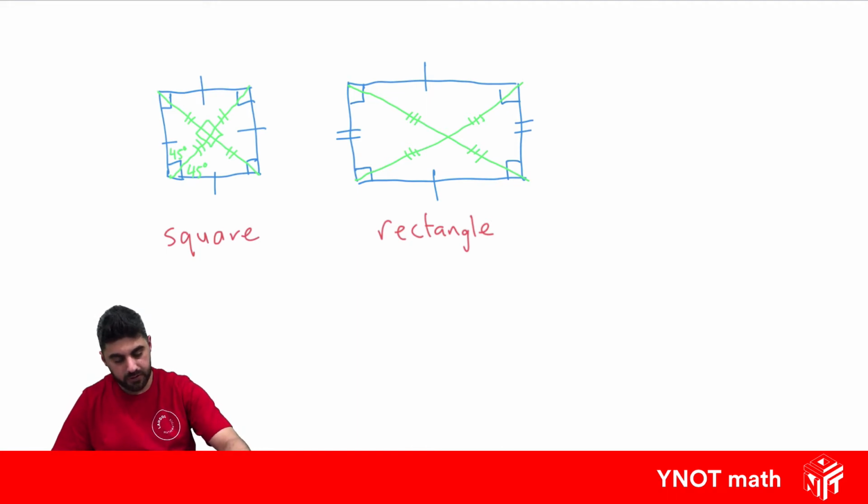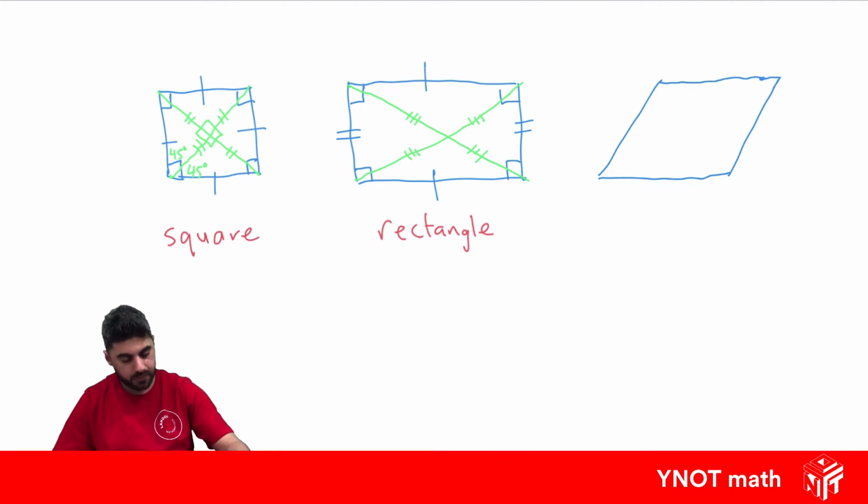And let's look at a rhombus, which is just a tilted square. Okay. Let's look at all the properties for a rhombus. So yes, opposite sides are parallel. Let's draw those in. Every side is equal.